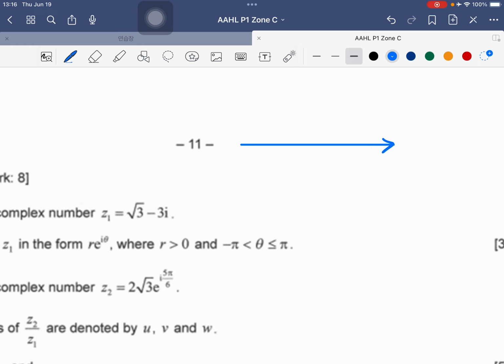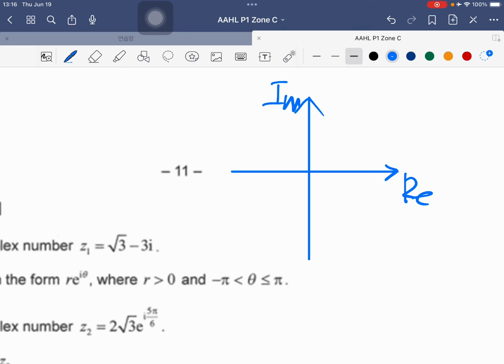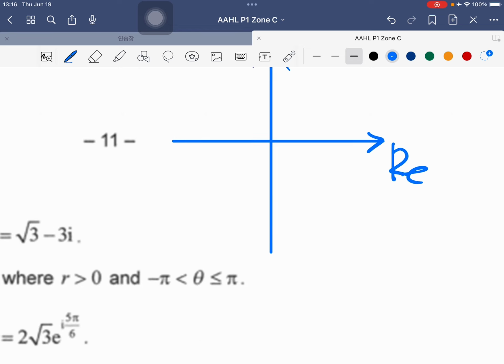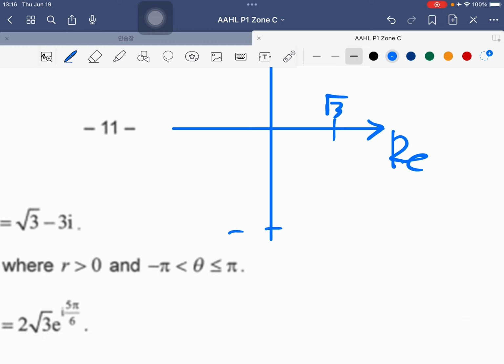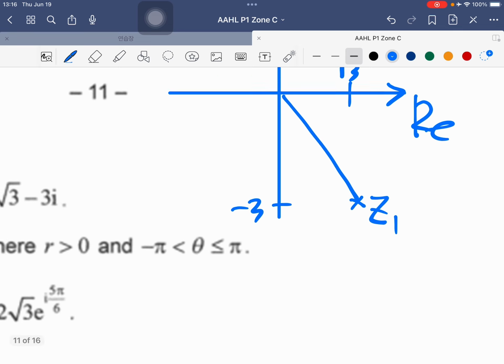So this is the real axis, and this is the imaginary axis, and then we can draw square root of 3 over here, and then minus 3. So minus 3 is over here. So this is where z1 is located, and then we can easily find the modulus.